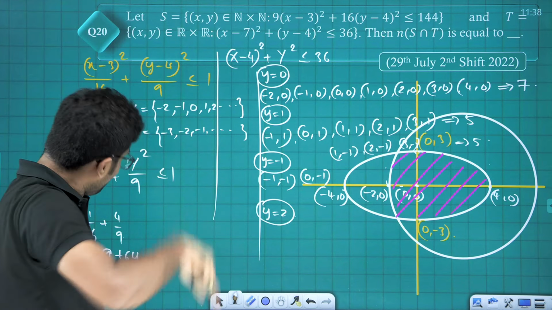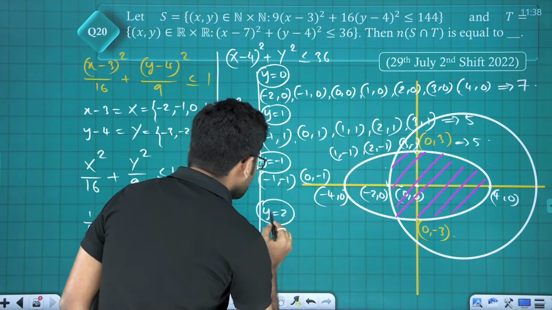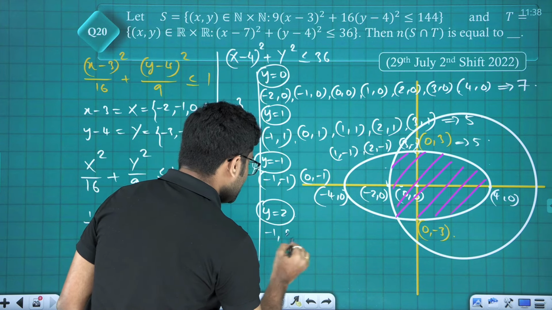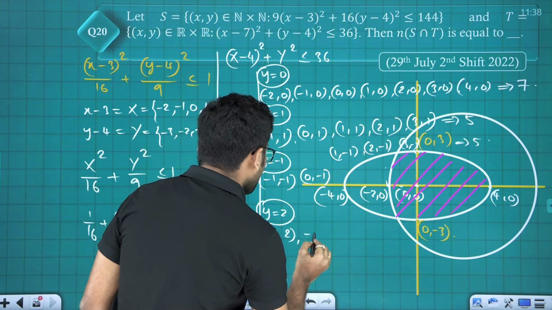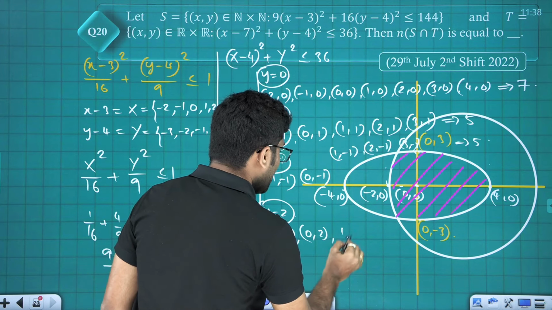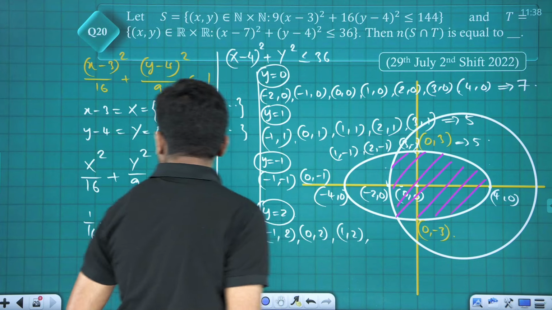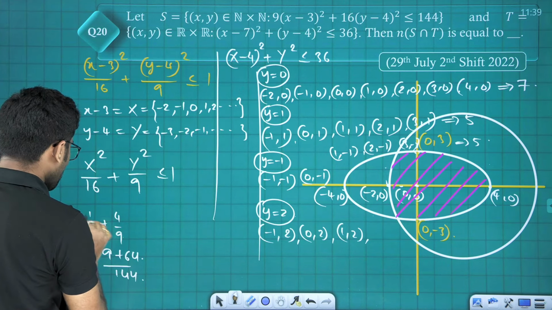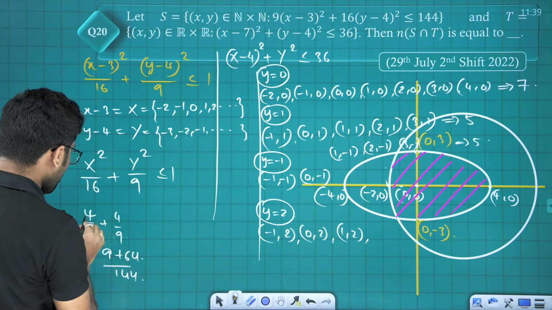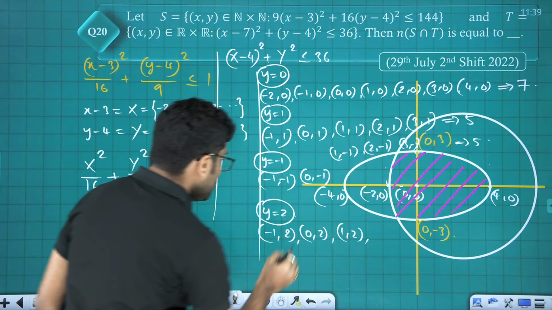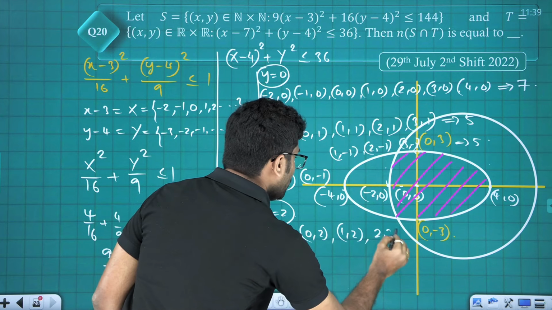Yes, it is less than or equal to 1. So if y is 2, -1, 2 will lie, 0, 2 will lie, 1, 2 will lie. What about 2, 2? If we put 2, 4/16 plus 4/9: 9 fours are 36, 36 plus 64 is less than or equal to 144. So even 2, 2 will lie.